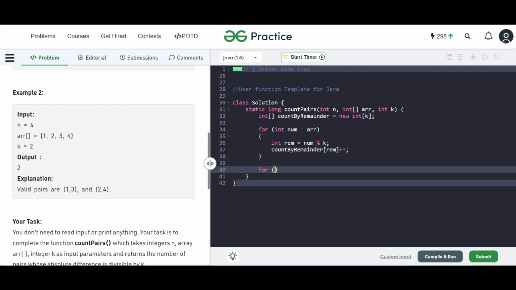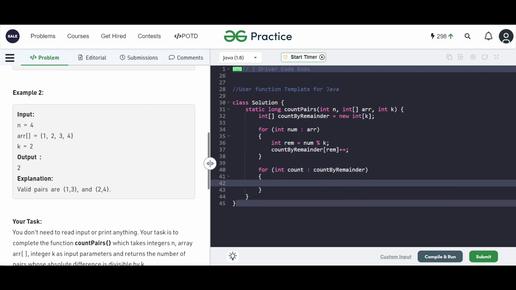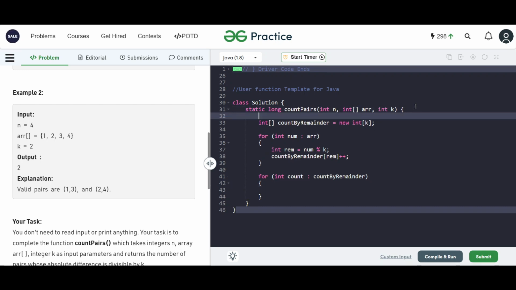Now we go through this. For each count in this count by remainder, let's do total pairs equals 0, and this is what we will return.